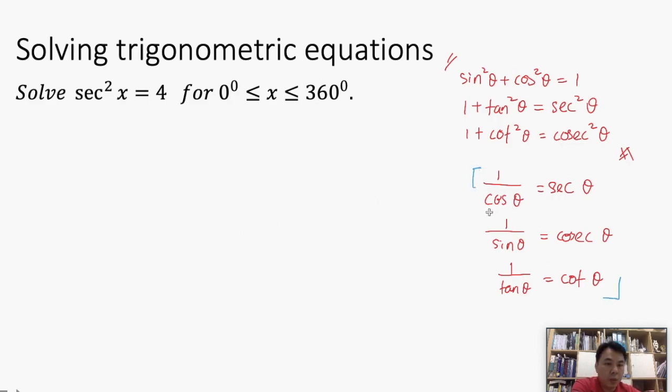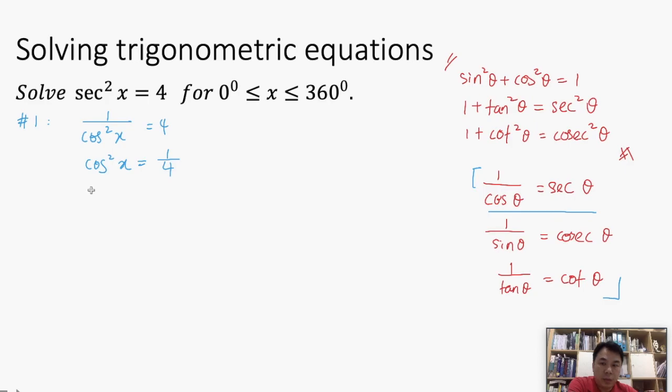But in this case, we are going to make use of this one. So first method number 1, we're going to use the reciprocal ratio. So this can be written as 1 over cos square x is equal to a 4 there. Yeah, because secant square is 1 over cos square. So from here we can rewrite that as cos square x is equal to 1 over 4. 1 over 4.